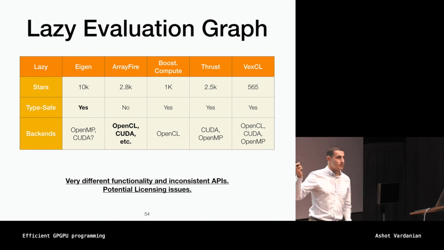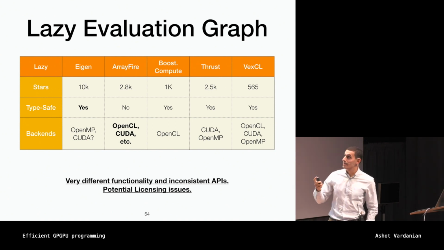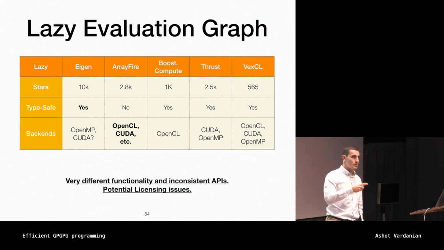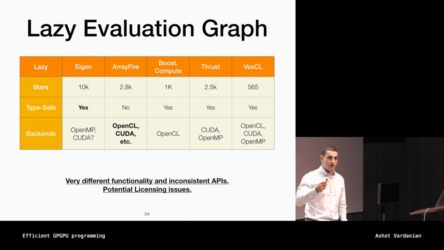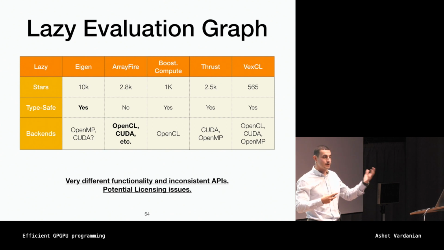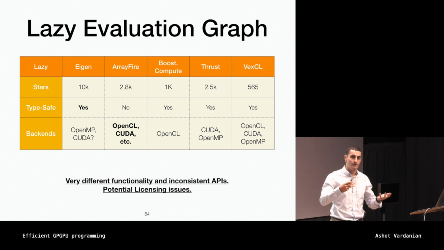I call them lazy evaluation systems because generally they act in somewhat different ways. For example, Eigen is a templates library, so after you apply some kind of function to a matrix or an array, you end up with a very complicated template that basically encapsulates the type of the operation that you want to apply and the original input, so it's kind of a graph.